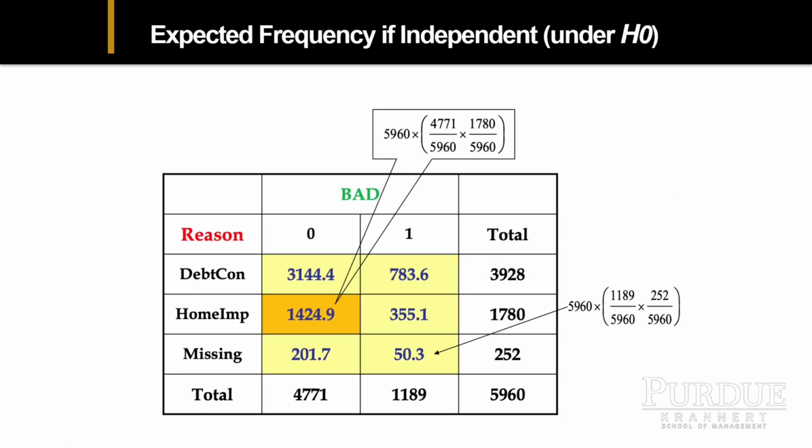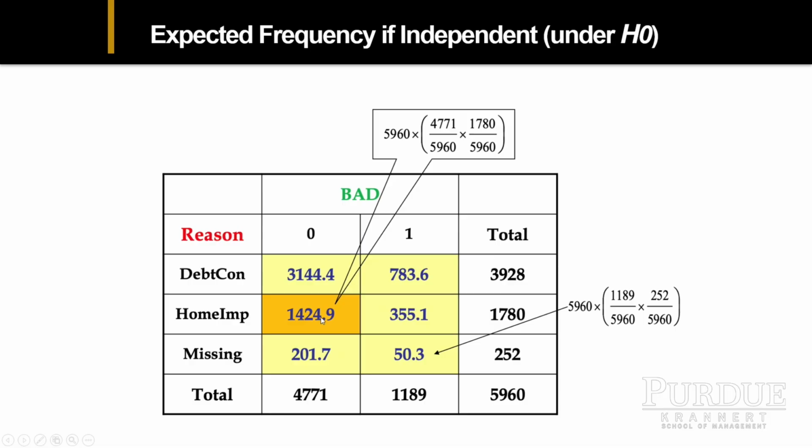The tricky part is how to calculate the expected frequency. The expected frequency is under the assumption that these two variables, bad and reason, are independent. So if bad and reason are independent, then take a look at this entry, home improvement and bad equals 0.